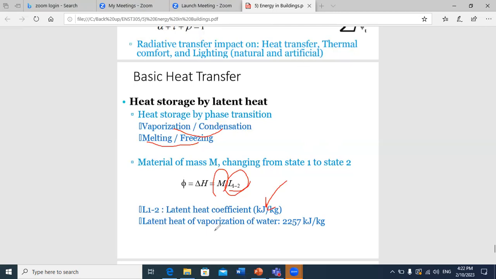For example, the latent heat of vaporization of water is of the order of 2,257 kilojoule per kilogram. That's why water constitutes a good option for heat storage.